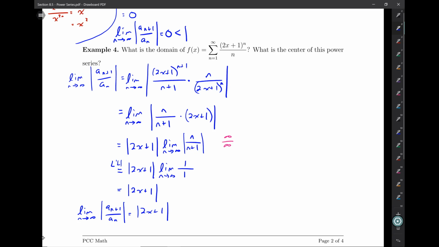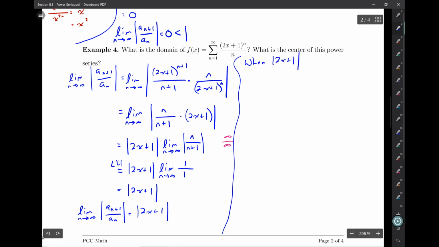Now, remember that the ratio test says if this limit is less than 1, then we get convergence. If this limit is greater than 1, we get divergence. So, when the absolute value of 2x plus 1 is less than 1, this series converges. So let's solve this inequality.